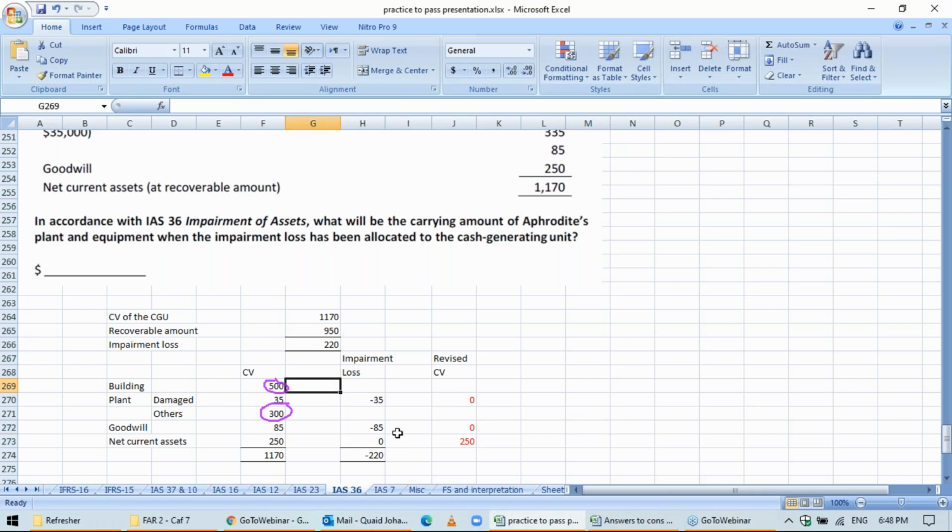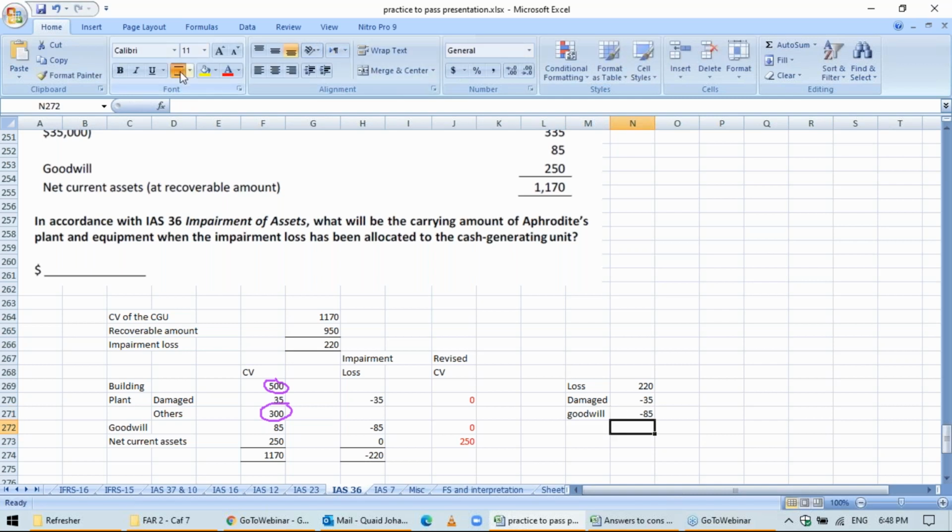So what I will do is deduct 85 and 35 from 220. So the loss was 220, out of which the amount allocated to the damaged plant was 35 and allocated to the goodwill was 85.